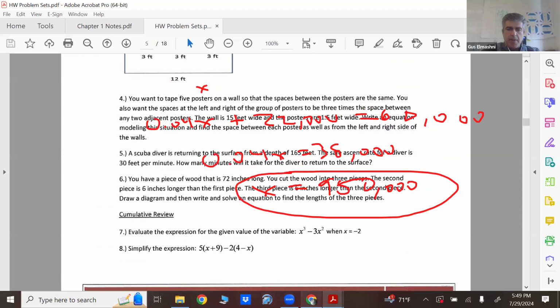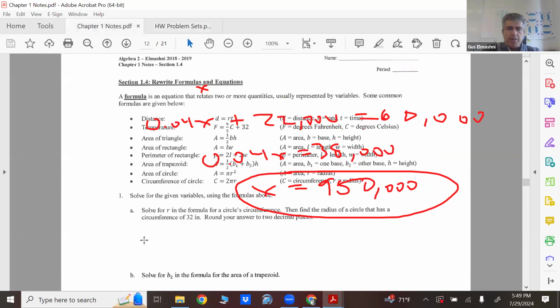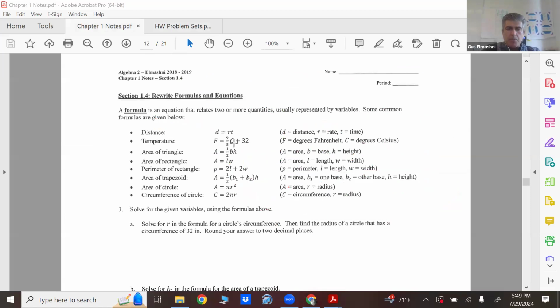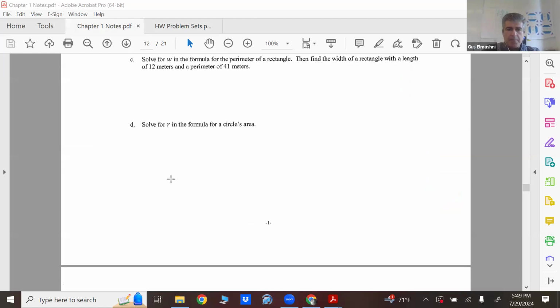So we're going to be going down that path. Talking briefly about 1.4, 1.5, here are some formulas, like some geometry formulas, some that deal with converting temperature between Fahrenheit and Celsius, distance equals rate times time. We'll be going through these problems in class next time.